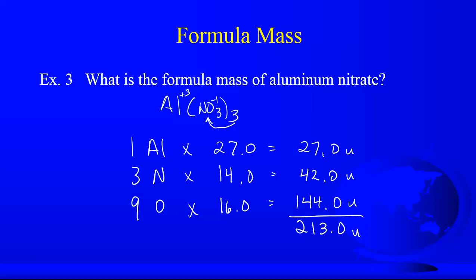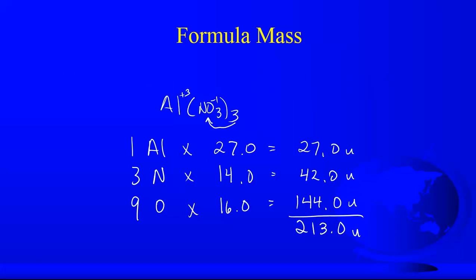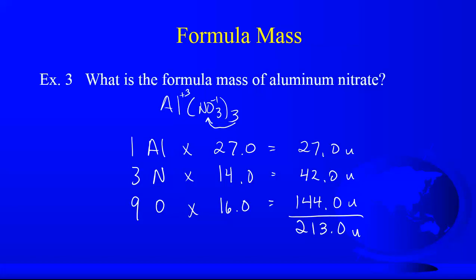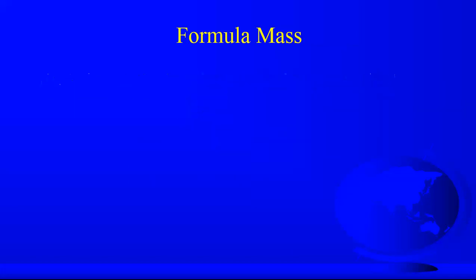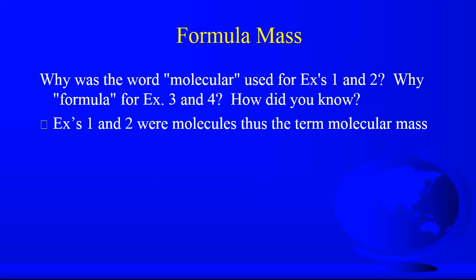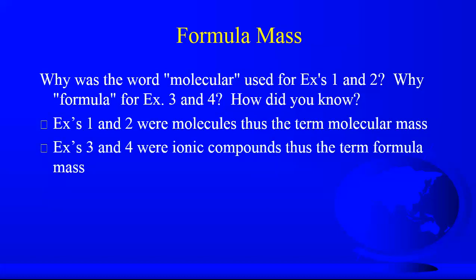Because formula mass is used for ionic compounds, and then molecular mass is used for molecules. Examples number 1 and 2 were non-metal, non-metal. So those are molecules. So we refer to it as molecular mass. Examples 3 and 4 were metal, non-metals.